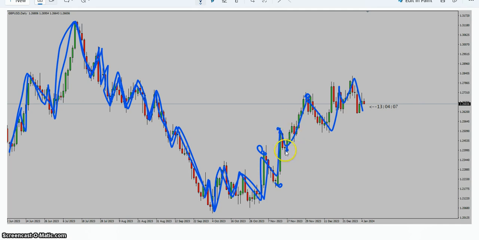So this is what I call the hurdle. Market structure was being read differently by different traders, and the confusing part was that they were all skipping some of the pivot points and considering others. So my question was, how do I know when to skip and when to consider pivot points?